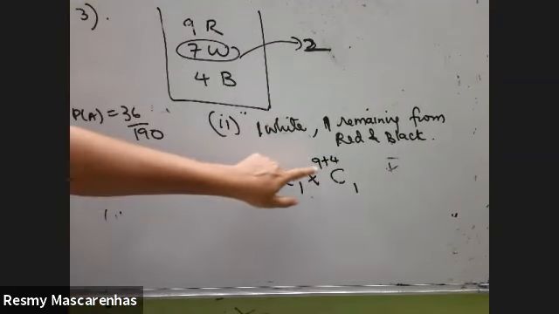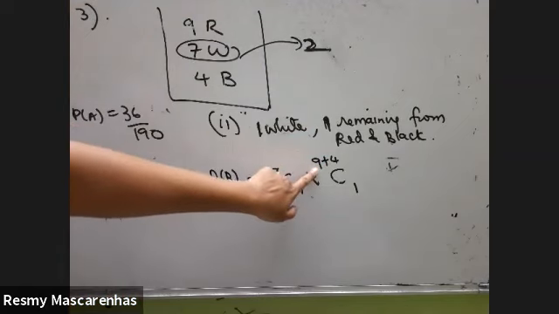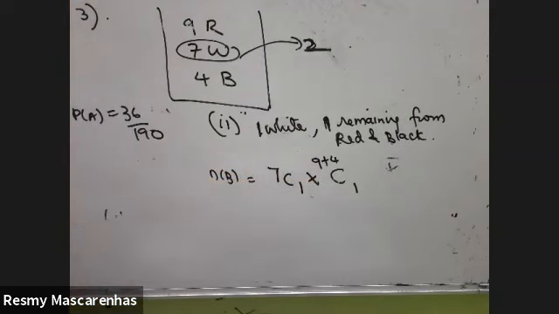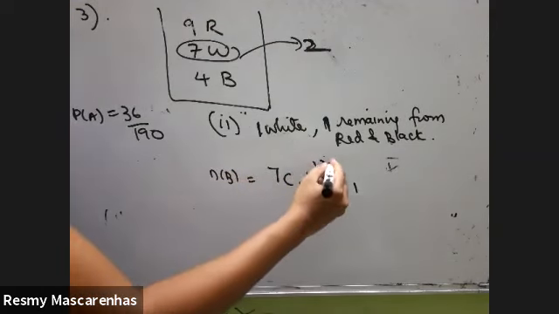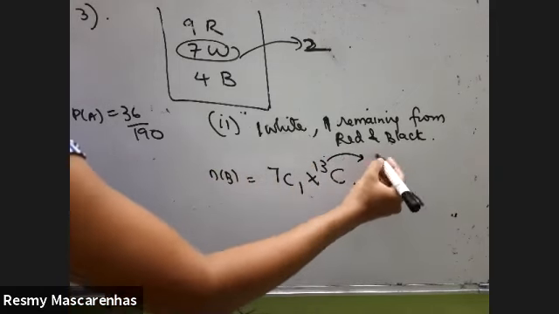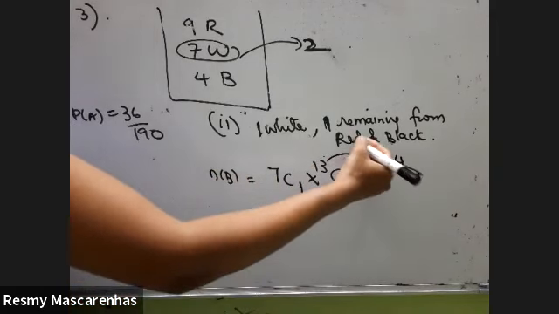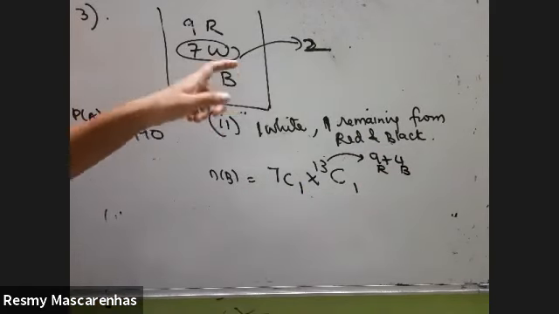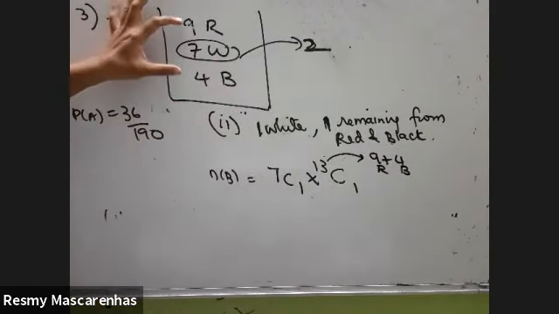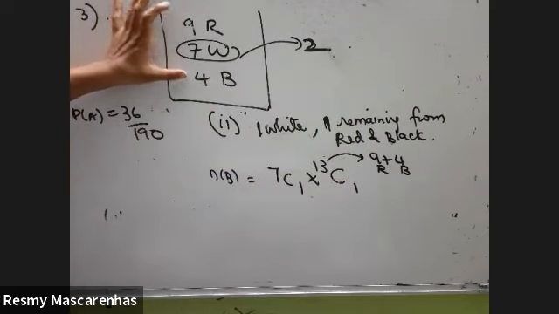I'm splitting and writing so that when you're studying back, you understand. Otherwise, straight away you can write it as 13. No problem. This is 13, or you can put an arrow like this and put 9 plus 4. So 9 red and 4 black. So the remaining one ball has to be picked up from the remaining 13 balls.